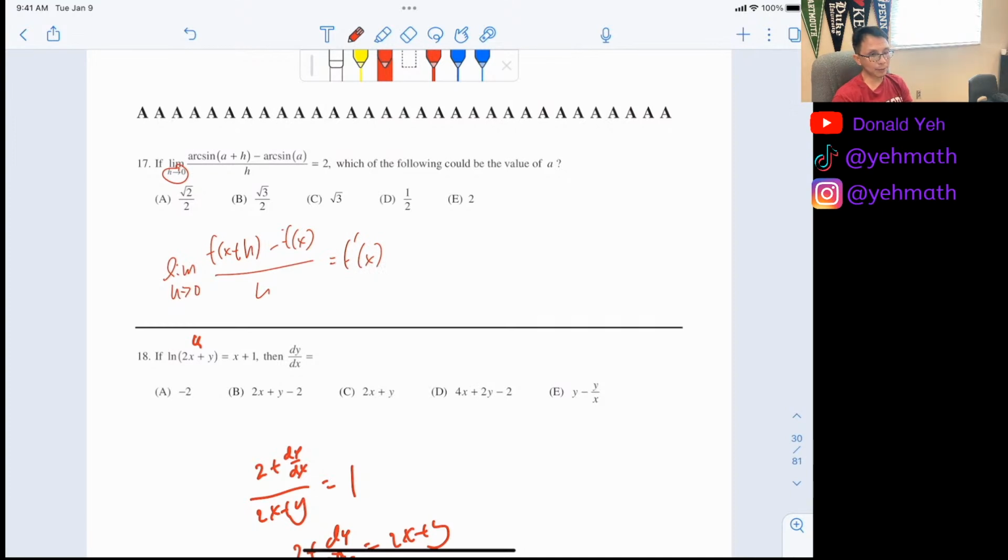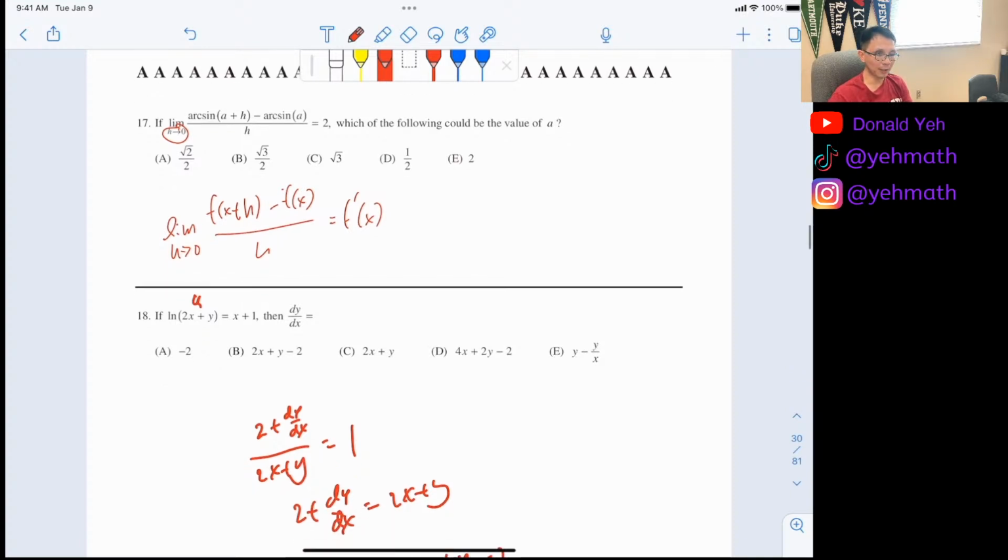So you guys have to make sure that's f prime of x on the right hand side. This is called the definition of derivative. There is actually a second definition. The second definition is for a single point. So it is the limit as x approaches c of f of x minus f of c over x minus c, and that's equal to f prime of c.